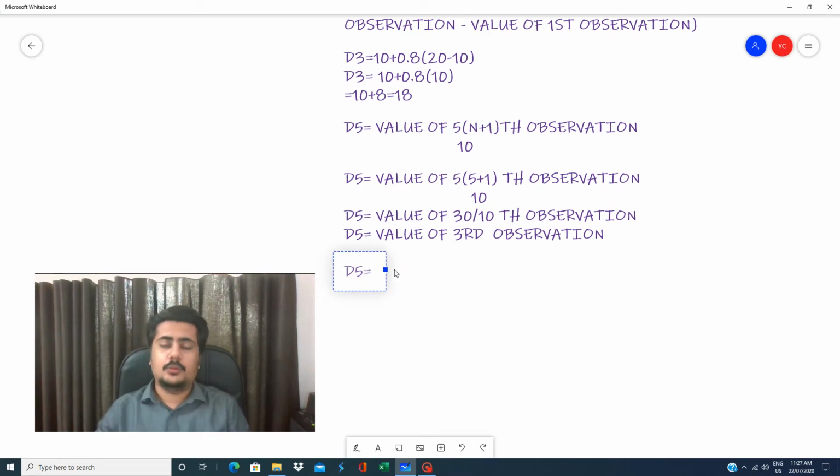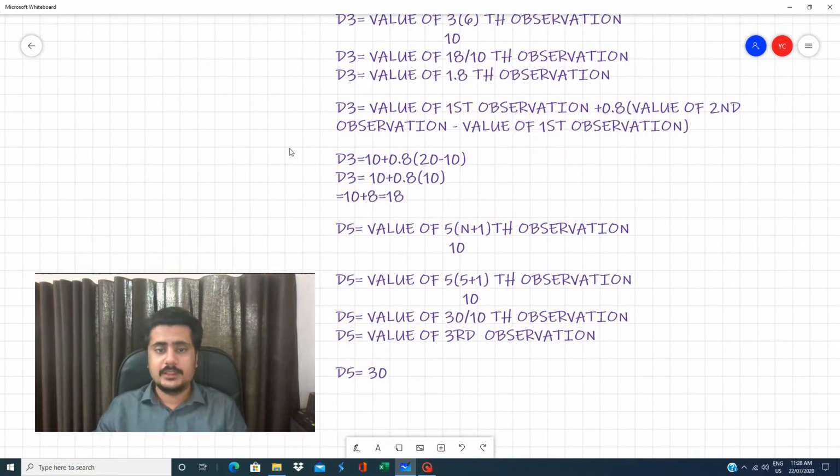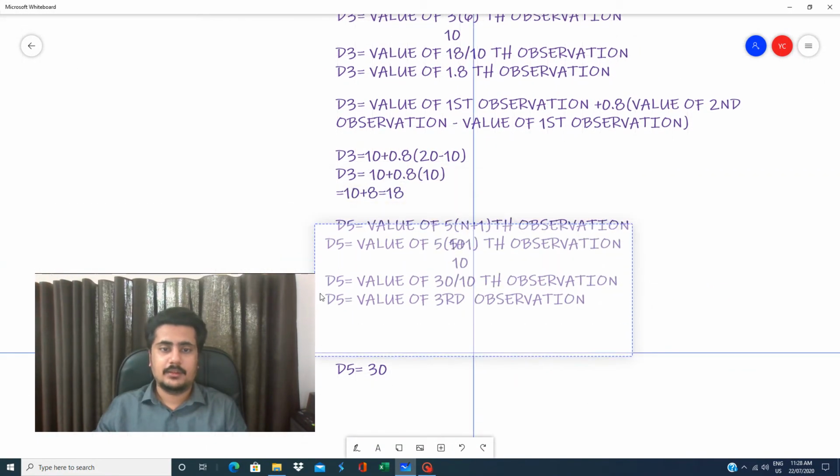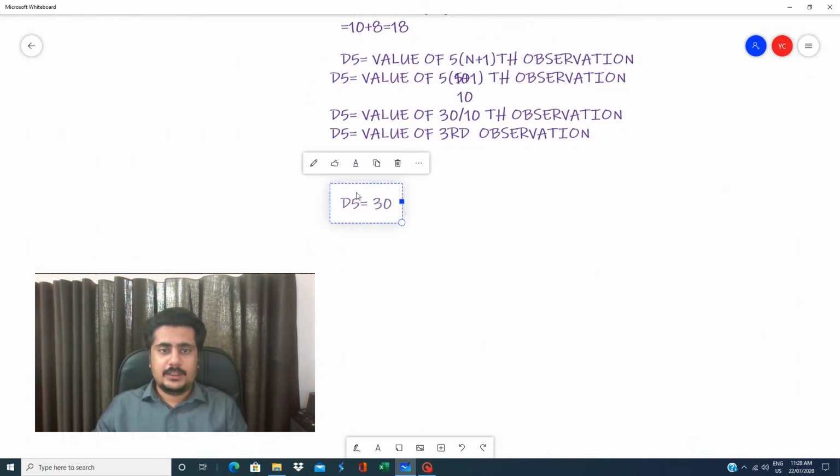D5 is equal to, now what is value of third observation? Value of third observation is 30. Okay, so it's simple. D5 is equal to 30. Okay. Now next what we need to find? We need to find D7. So let us find D7.